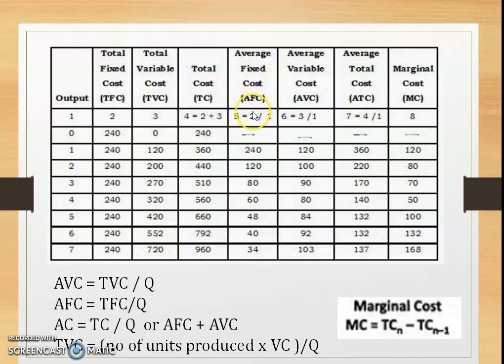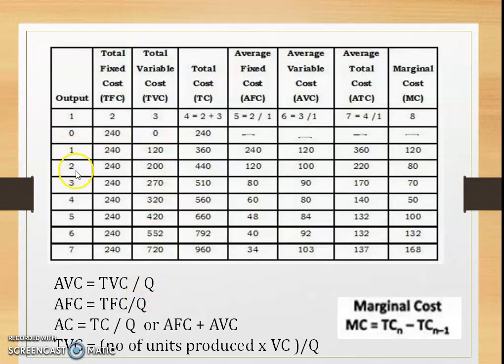Average fixed cost, AFC, is nothing but total fixed cost divided by the quantity. So TFC here is divided by quantity. Suppose you consider 240 divided by Q, that is output 120. That's what is reflecting in the tabular column. As far as AVC is concerned, AVC is nothing but TVC by Q, that is total variable cost divided by the quantity.